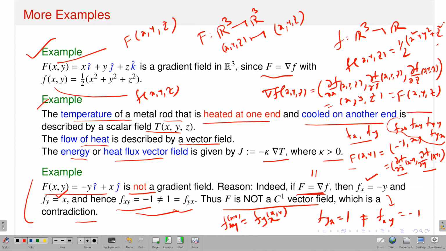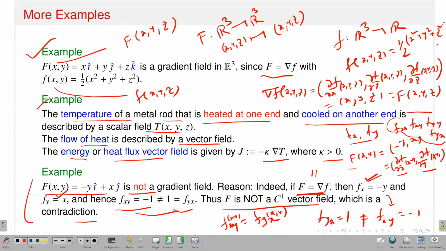So if I have this vector field capital F, which is a rotational vector field, it is a C1 vector field. But this rotational vector field is not a gradient vector field. If I assume that capital F is exactly equal to gradient of small f for some scalar potential f, then this implies that f_x is equal to -y and f_y is equal to x.